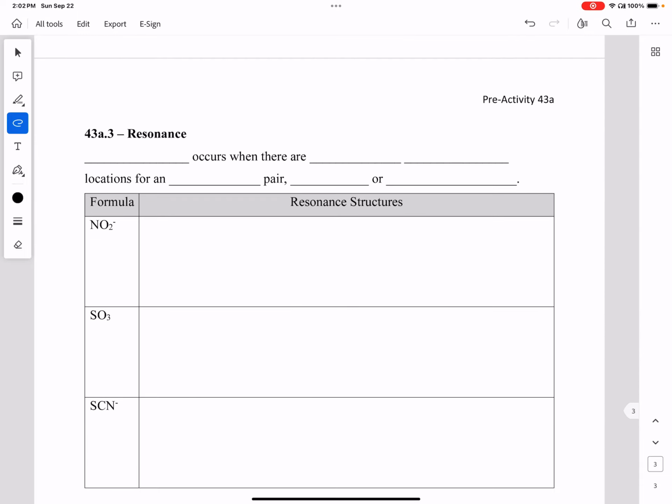Now let's look at a concept called resonance. You may have noticed that there are 2 oxygens in our nitrite ion, the NO2 minus. And it doesn't really matter which oxygen that double bond is on. And so this is called resonance.